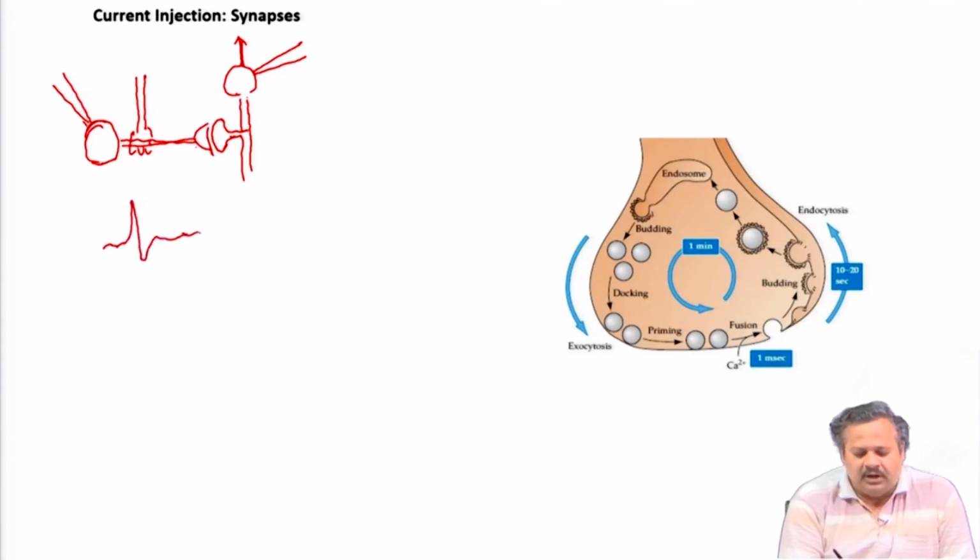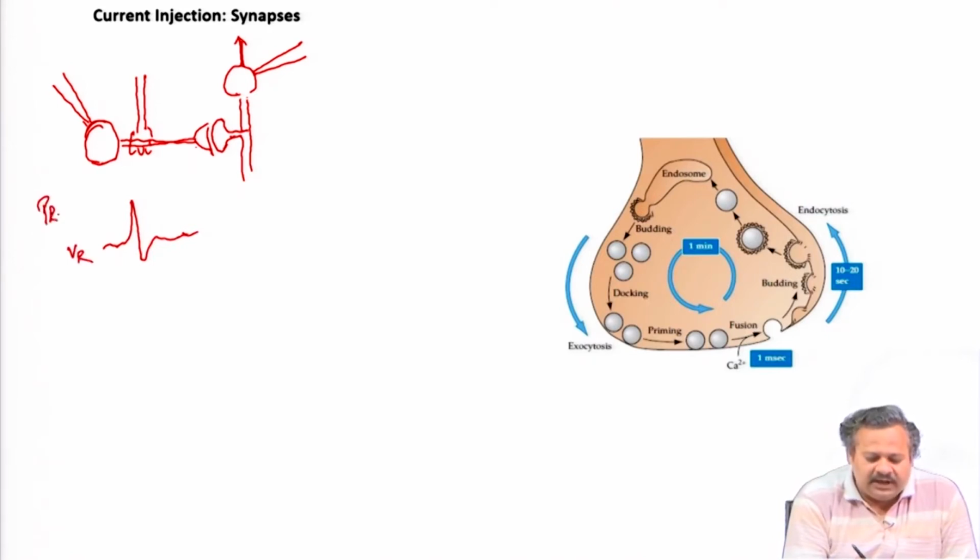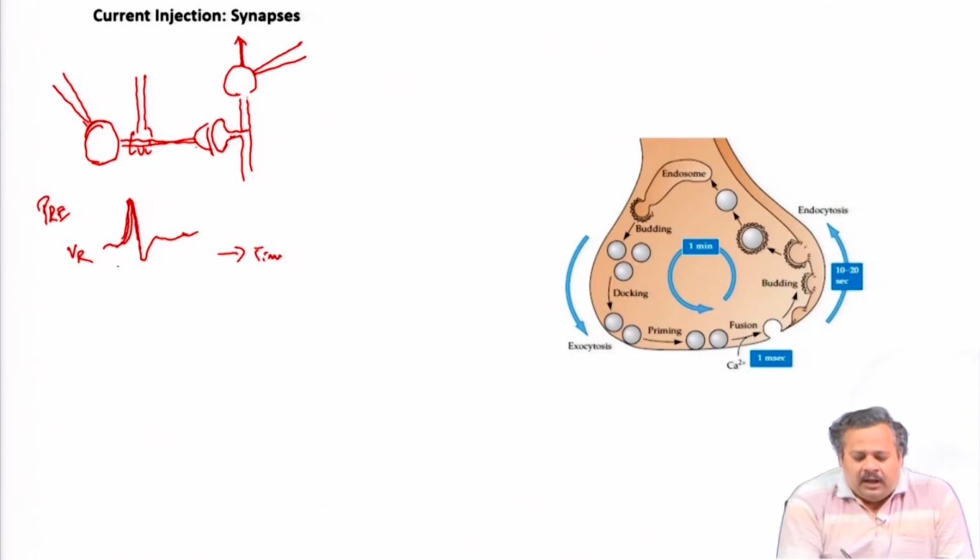action potential like this. So, let us say this is V rest of the presynaptic side, this is time, and this is the spike or action potential as we have mentioned in the presynaptic side.